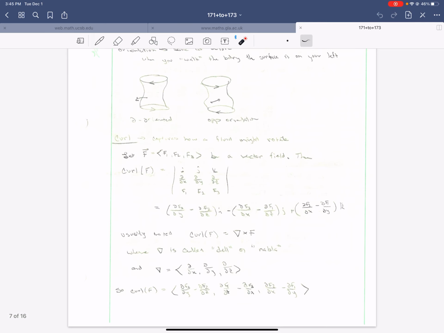Curl, we went through before, so I'm going to skip over this, assuming that you watched the previous video and saw me explain this part of the notes. The curl is a cross product, and as such, it should be a vector, and it is a vector when it comes out. And here is that notation for it.